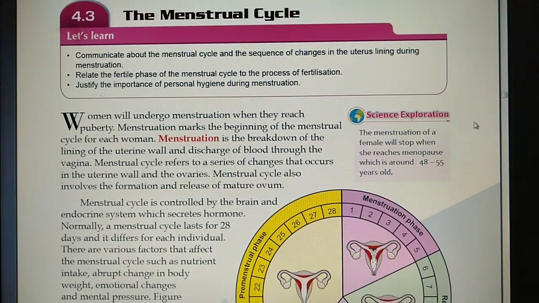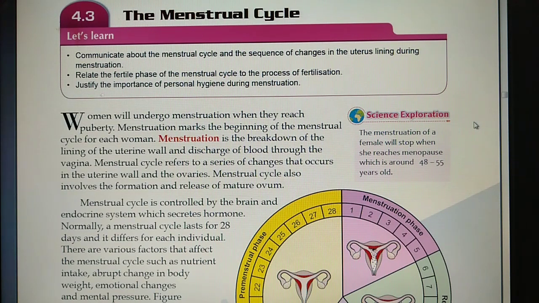Do you still remember in lesson 4.2 we have discussed about the physical changes that occur to a girl when they reach puberty? They will undergo a flow out of blood through their vagina.